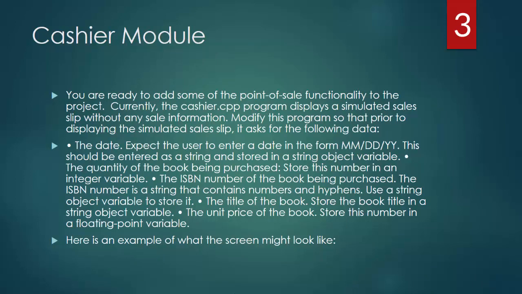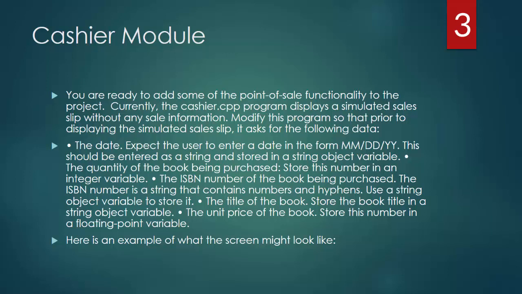The Cashier module will have some changes as well. We are going to actually add some point of sale functionality to the project. Currently the Cashier program displays a simulated sales slip, which is just blank for now. We are going to modify it so it will display the following data. It will display the date, which will be in the format of month, day, and 2-digit year.